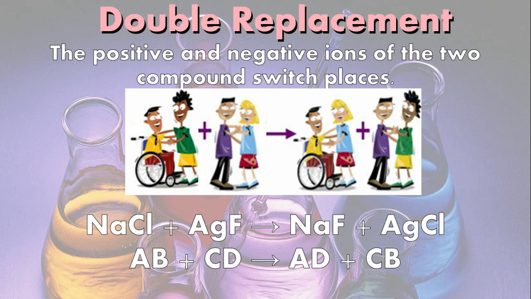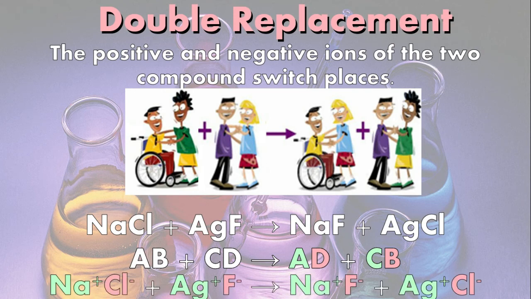It is important to know that A and C are both cations, and D and B are anions. So we will have sodium ion plus chloride ion plus silver ion and fluoride ion. They will just change partners. The sodium will partner with fluoride, and the silver will now partner with the chloride ion.